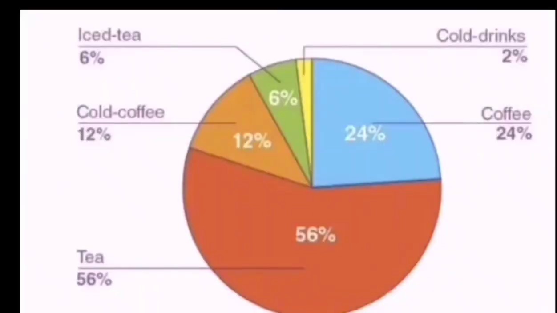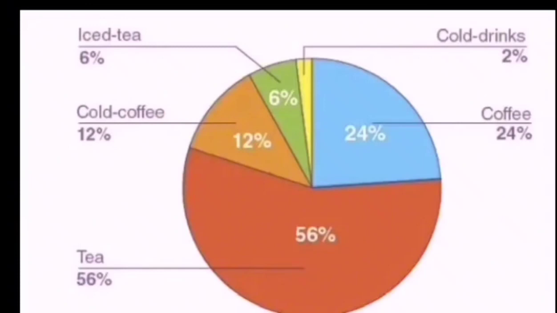So here's an example of a circle graph. First of all, we have different colors: yellow, green, orange, red, and blue. The yellow part is cold drink, which has 2%.